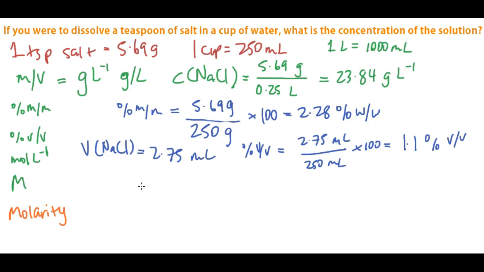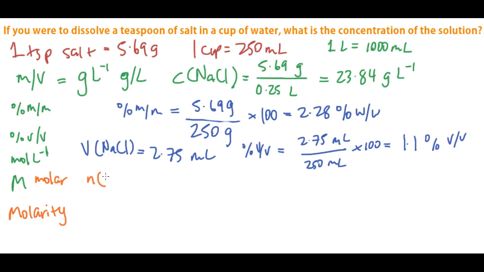It is simply how many particles, how many moles of substance we have for every liter of our solvent, and we can express that in two ways, either moles per liter or simply big M, standing for molarity, or we'll say it's molar.